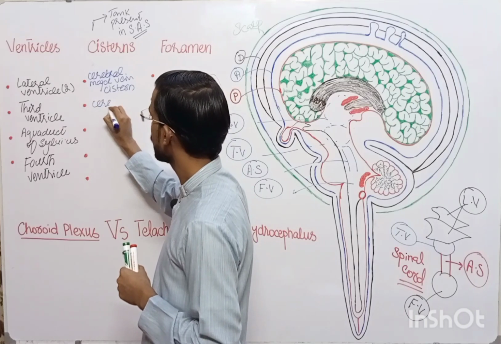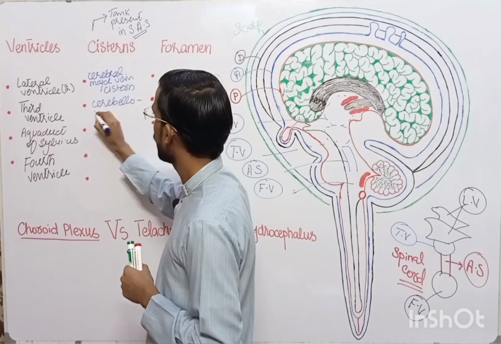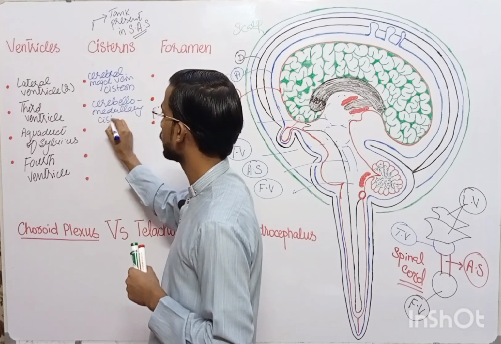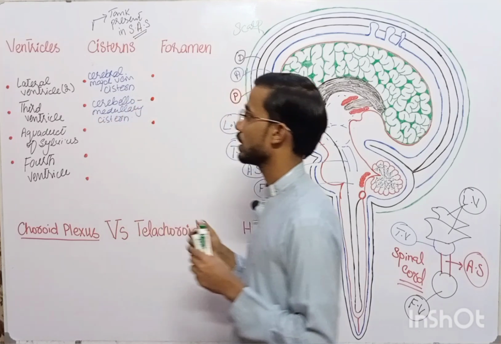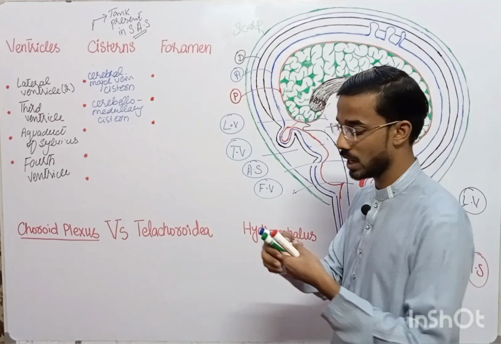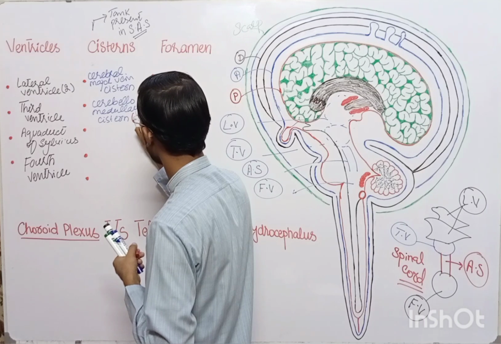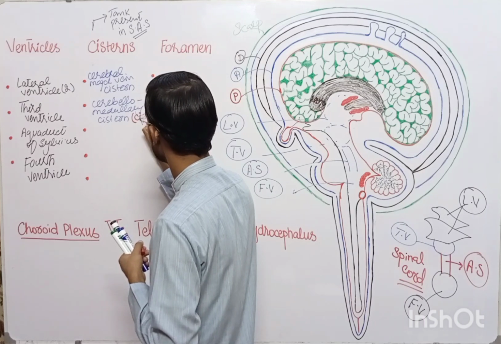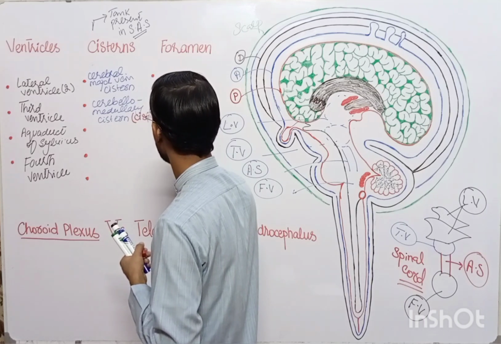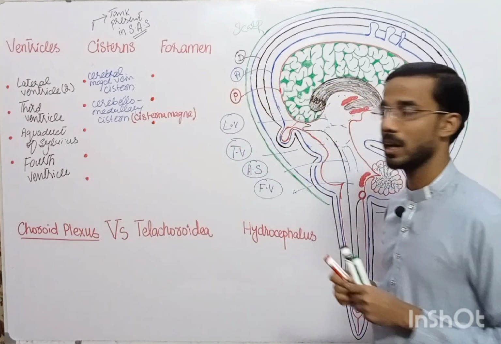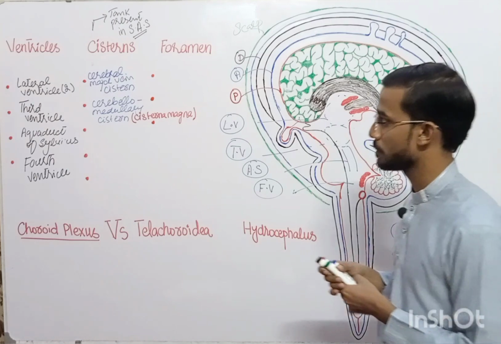Second one is the cerebello-medullary cistern, which has another name, cisterna magna.